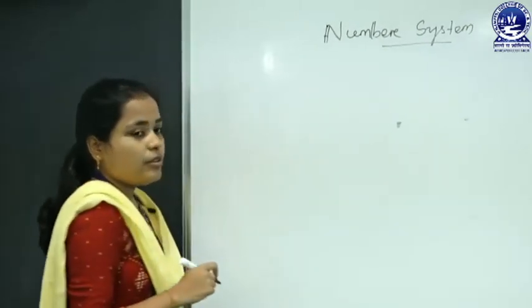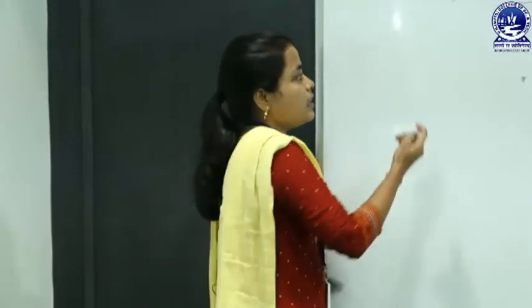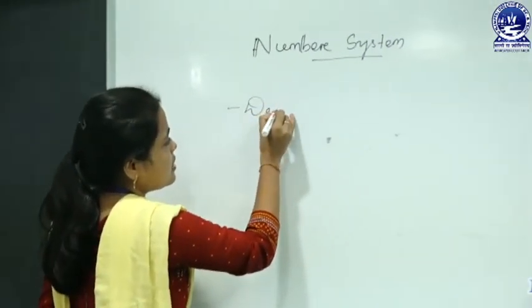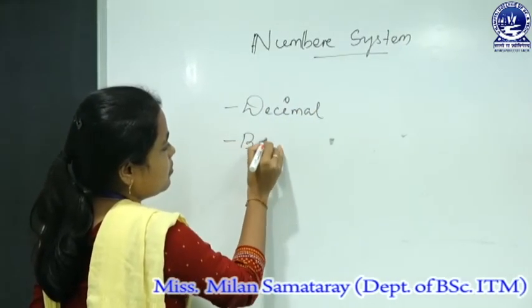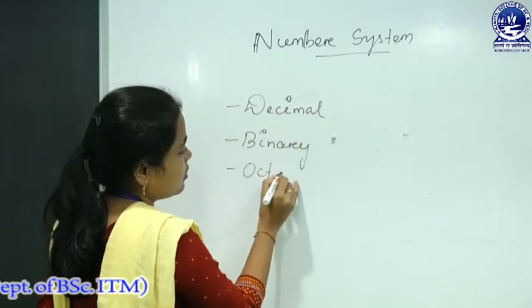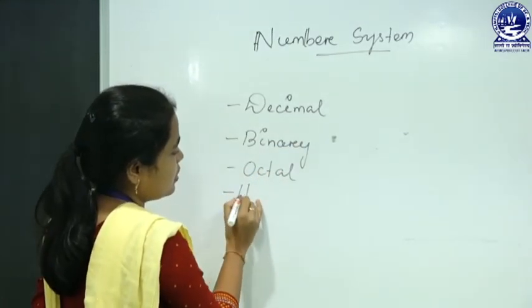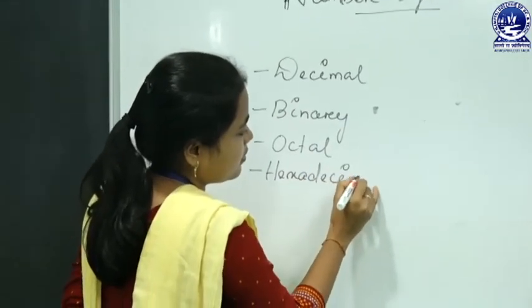Basically, a computer system converts a single number into 4 forms. One is decimal, binary, octal and hexadecimal.